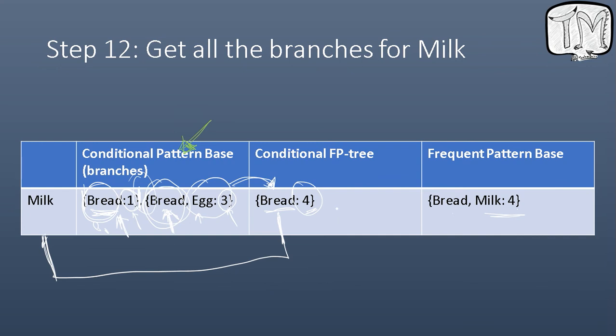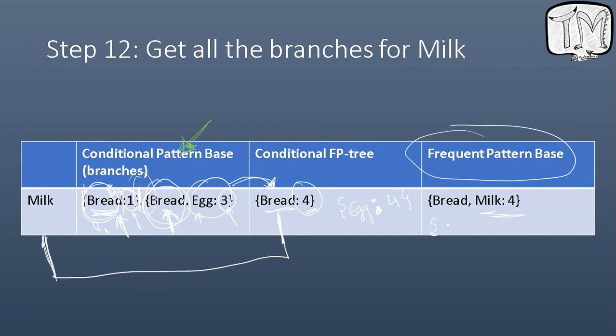So just to give you more clarity, let's imagine we also had egg in this path as well, okay. So we would have another node here, egg, with frequency, let's say, 4 again. And now, while creating a frequent pattern base, we will combine milk with bread. So we have milk, bread, frequency 4. Another time we will combine milk with egg.